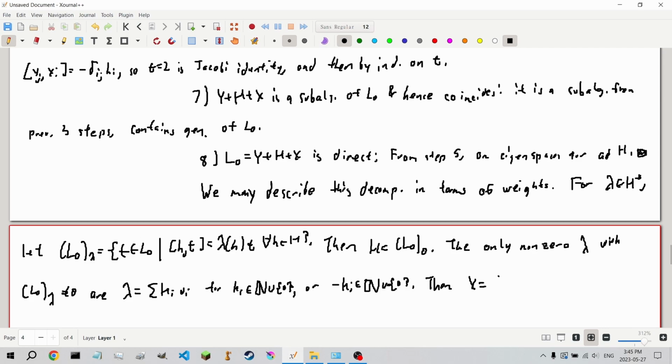Then X is the sum over positive lambda of L naught lambda. Y is the sum over negative lambda of L naught lambda.